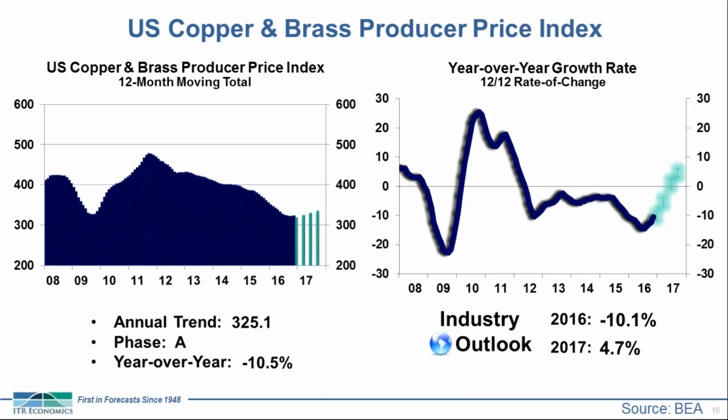The current negative 10.5% growth rate is our most recent data available by the Bureau of Economic Analysis for November. We expect it to tick up mildly through 2016, being just about down 10%, followed by acceleration and finally leveling off in 2017 at about 5% year-over-year growth.